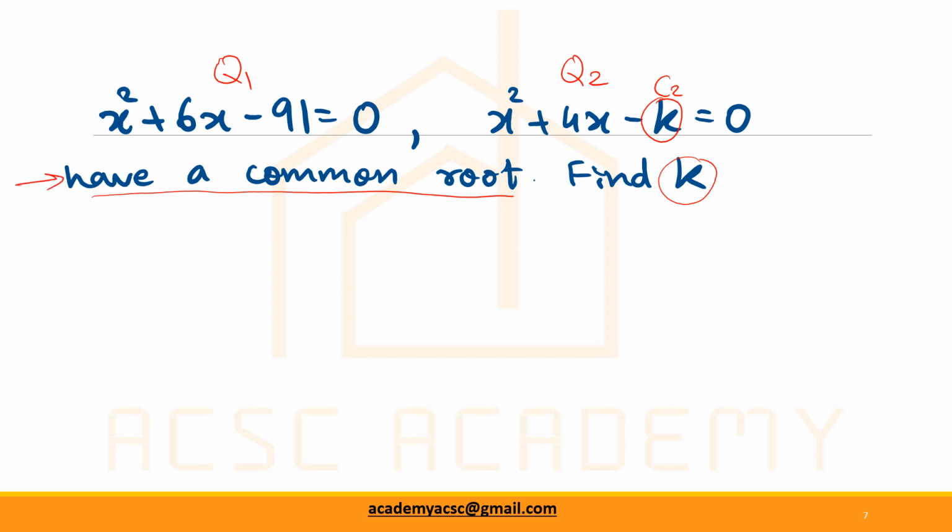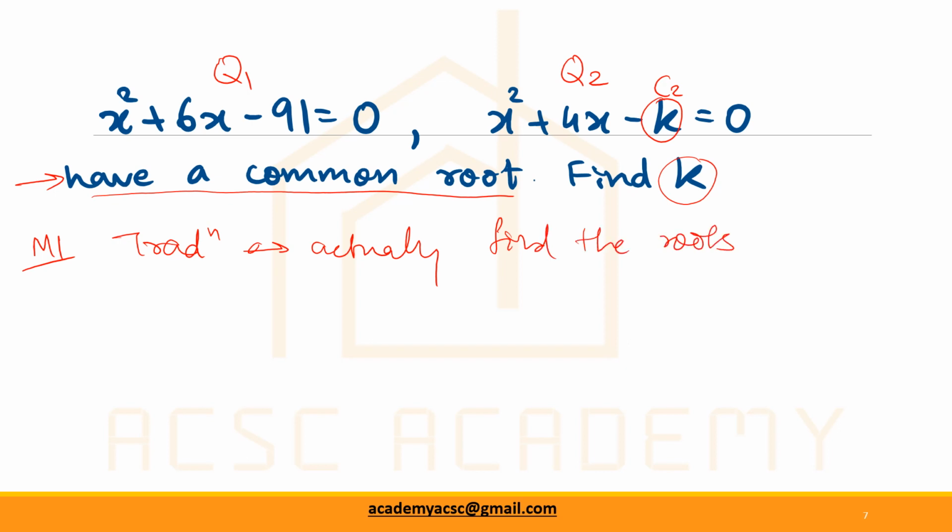So how can we approach this? There can be two methods. First, the traditional way, in which we find the roots, but we do not really know what exactly is the common root between them. We can find the roots for both of them and then compare them to see which is common.